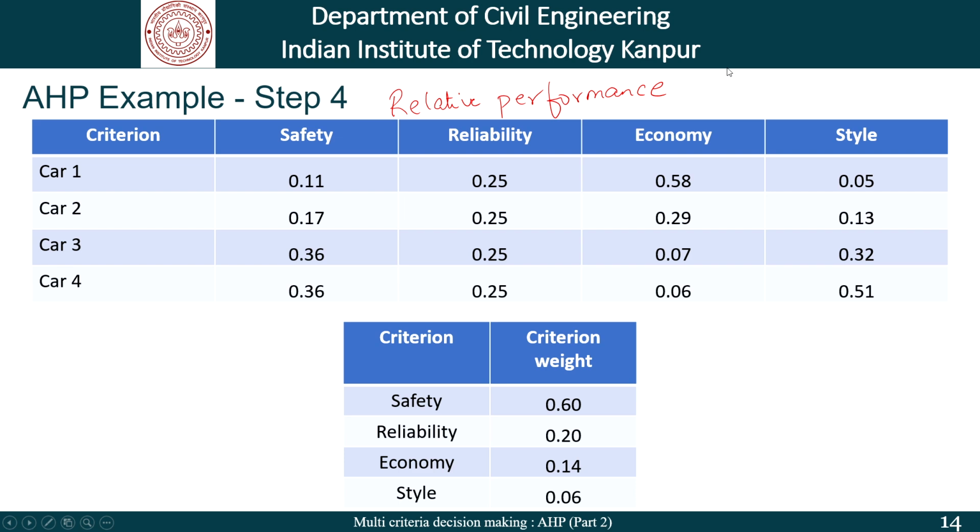These were the values. Also, we know that as a decision maker, we have given a weight of 0.60 to safety. That is, for us, safety is most important. On the other hand, we have given a weight of 0.06 to style, because we believe that when compared to safety, reliability and economics, style is not that important for us. I hope the idea is clear.